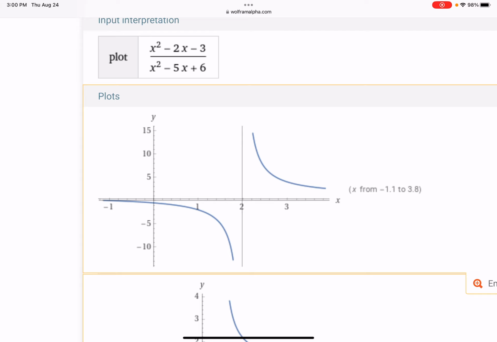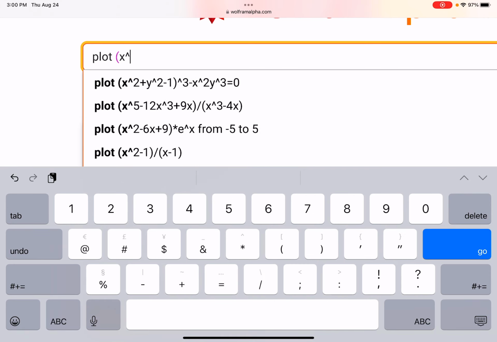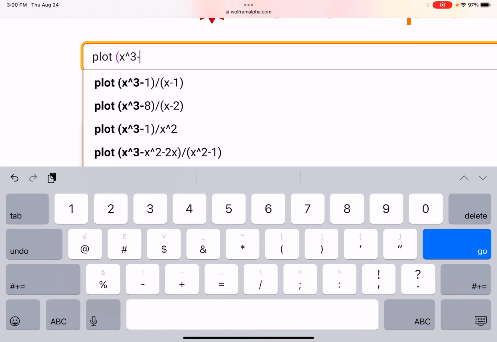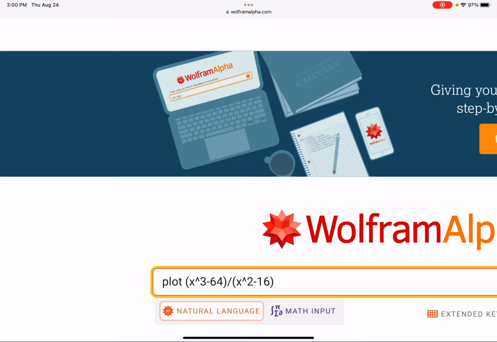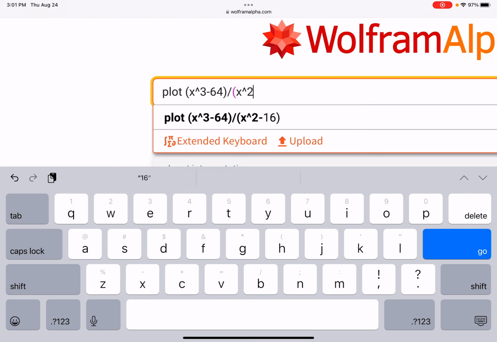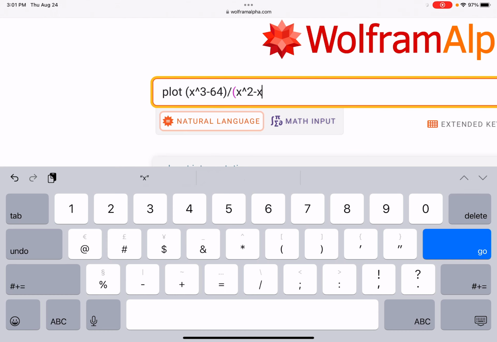All right, let's grab the next one. So this one is going to be x cubed minus 64 divided by x squared. Actually, I'm going to do this, and then I'm going to change it because it'll save me a step. x squared minus x minus 12.